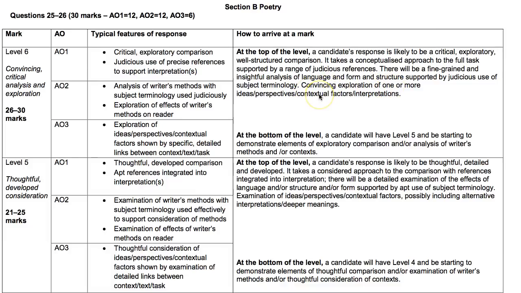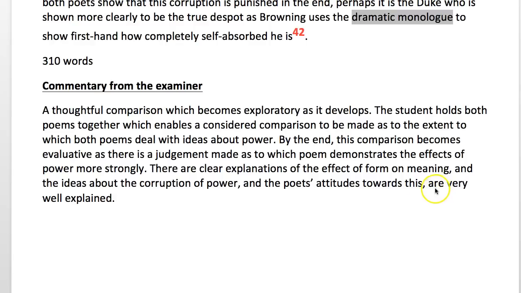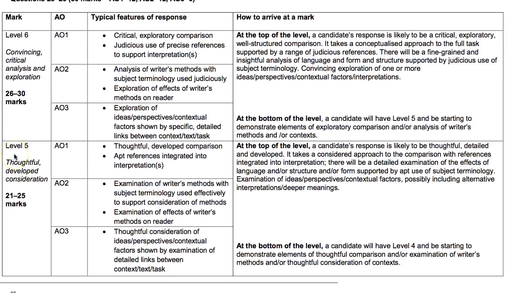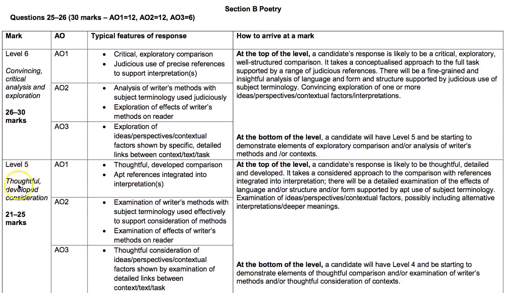Okay, so not many of those words were in the examiner's comments, although we might assume that very well explained might be the same as convincing. But we do know that the response we're going to look at is at least thoughtful because the examiner said so.